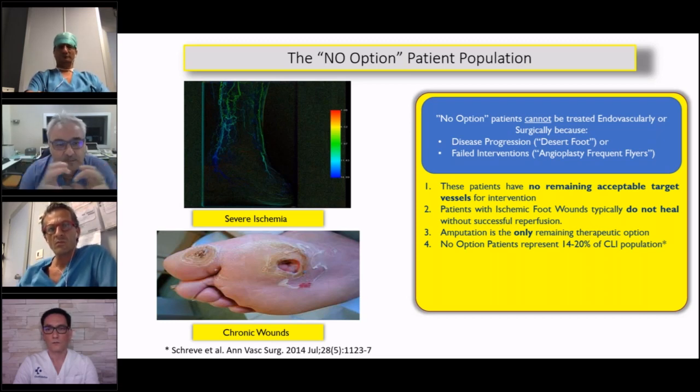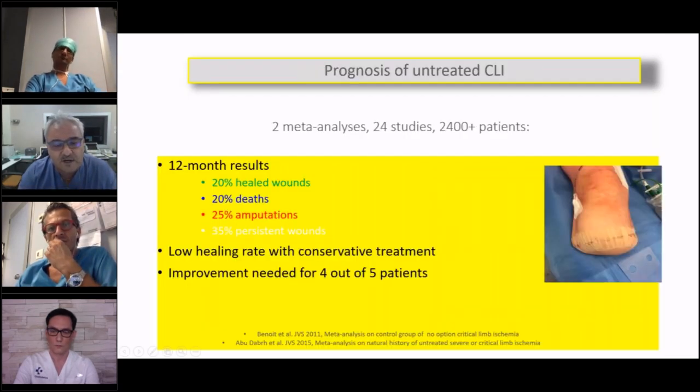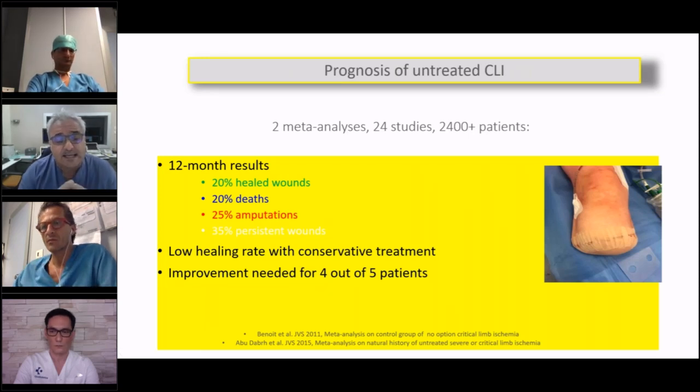They are a population of diabetic, dialyzed patients with a history of prolonged corticosteroid therapy, and they have a very bad vascular situation. Of course, in the literature, we know that if we do not treat these patients, they have a very bad prognostic destiny.